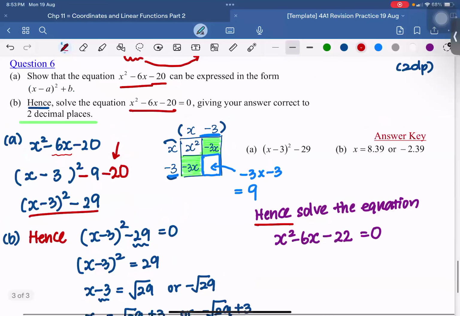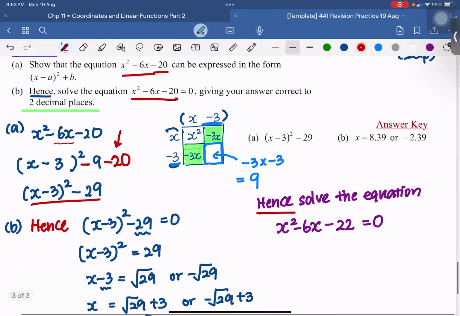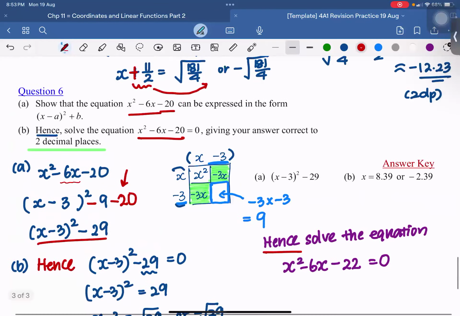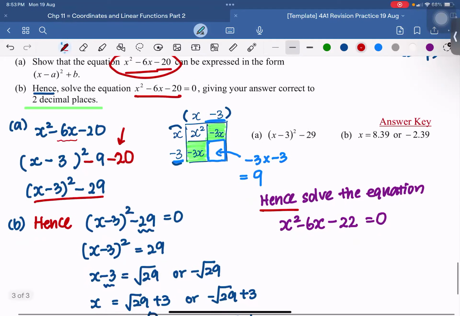Maybe you didn't think that the question can be set in such a manner, but once in a while the teacher can make things very difficult for us. So if I were to have such a question, how do I actually solve it? First thing, my original expression over here is x squared minus 6x minus 20, correct?